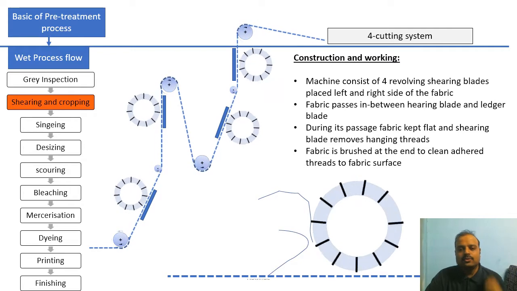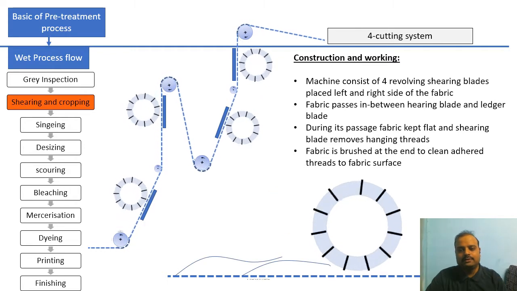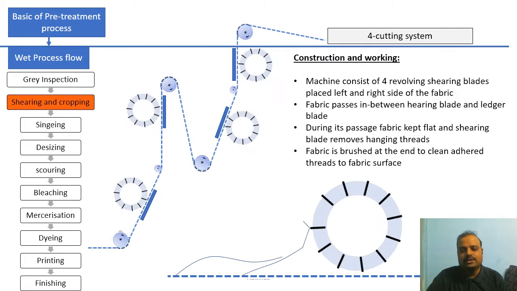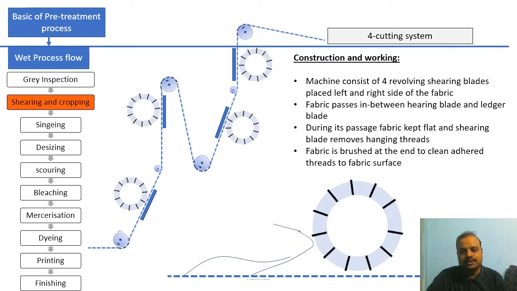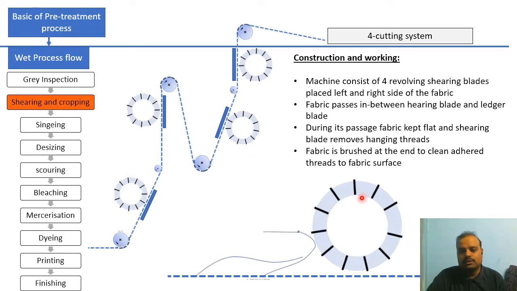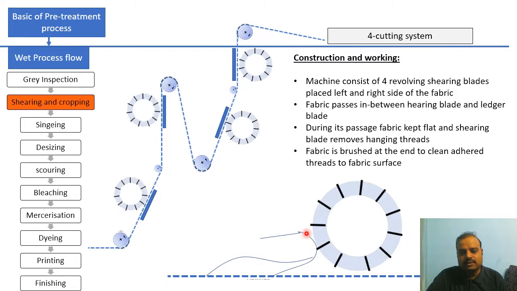Now you can see over here, I have tried to animate those things. This is the fabric, these are the loose threads, and the shearing blade is rotating in the clockwise direction, as well as the fabric moving in a forward motion. You can see over here, this is a loose thread.